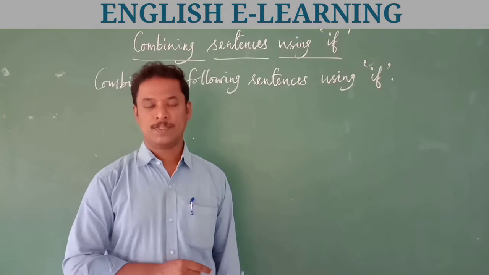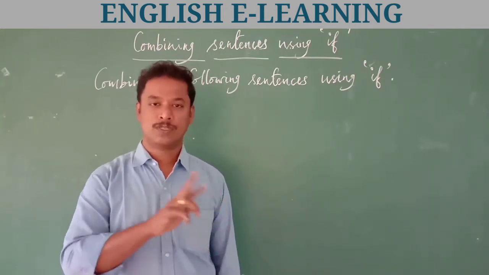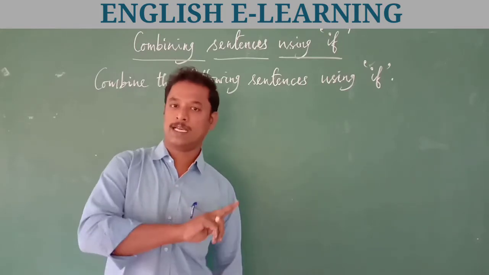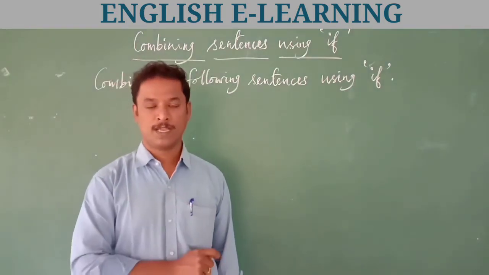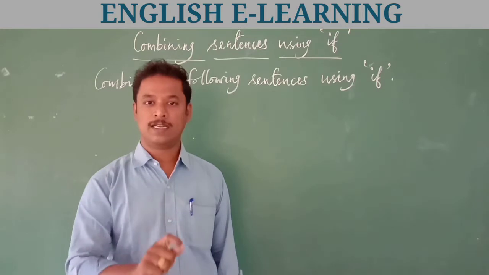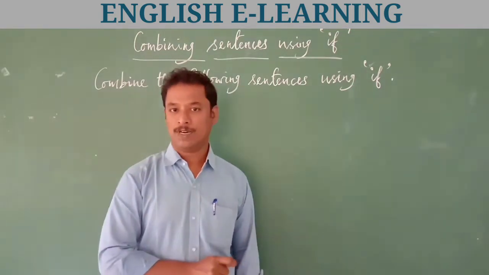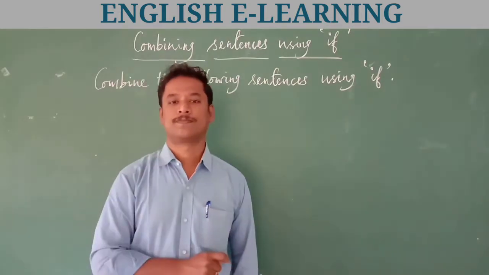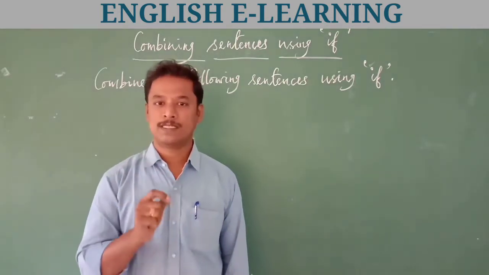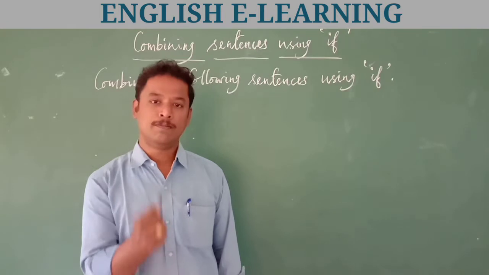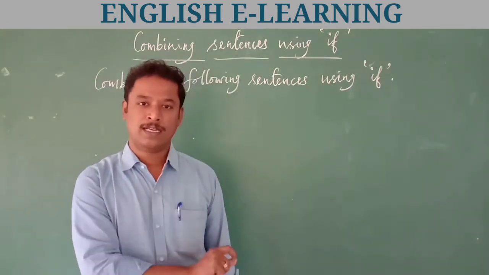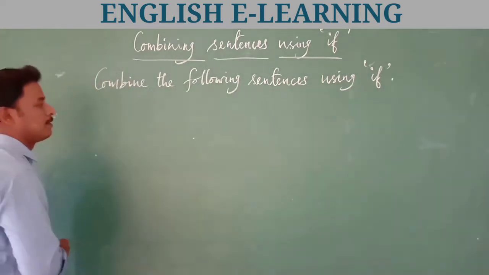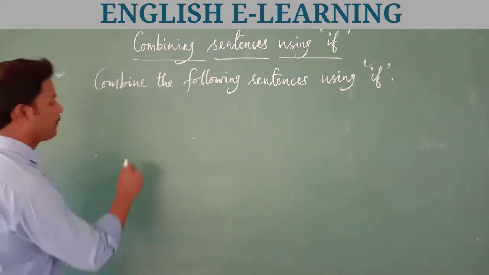The verb used in both clauses, the subordinating clause as well as the main clause, the condition and its result, is verb 1. The present simple should be applied in both condition and result. Right. Let me give you the example.